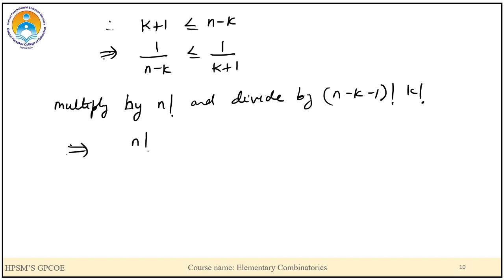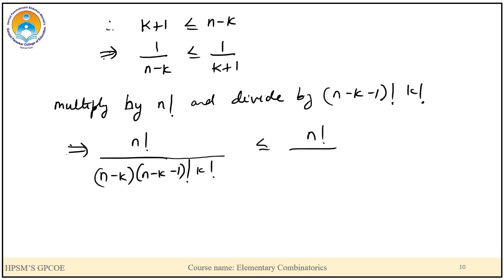So I get n factorial upon (n minus k) times (n minus k minus 1) factorial times k factorial is less than or equal to n factorial upon (k plus 1) times (n minus k minus 1) factorial times k factorial.